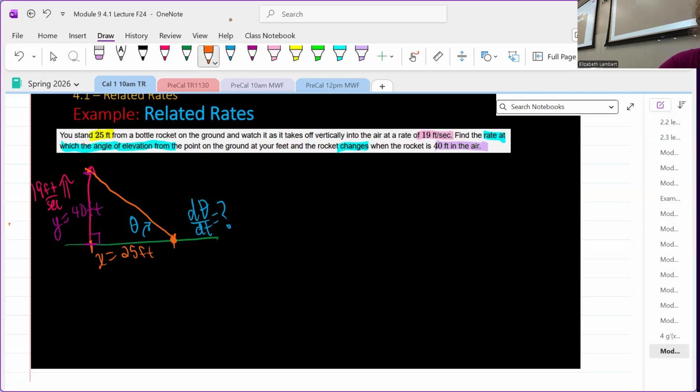So y is opposite. And then what is x? Yep, adjacent. So what do I know about the opposite and adjacent side in a right triangle?